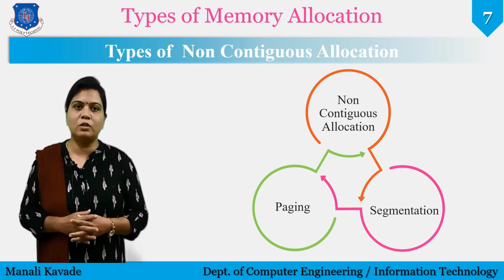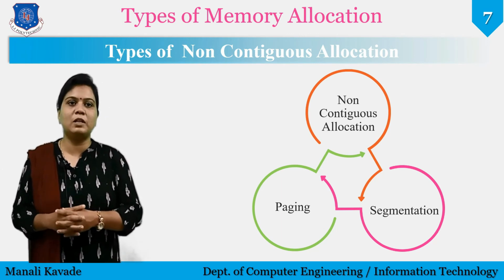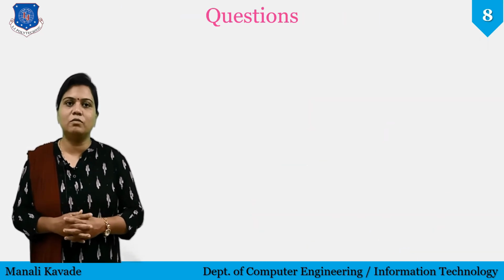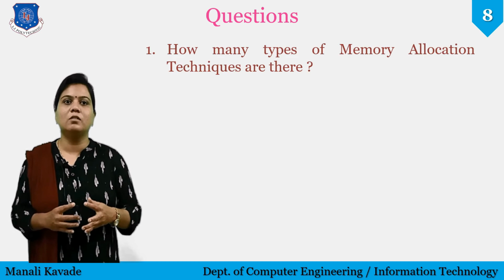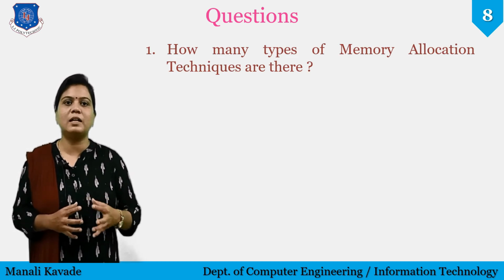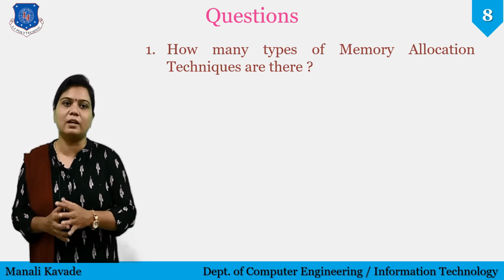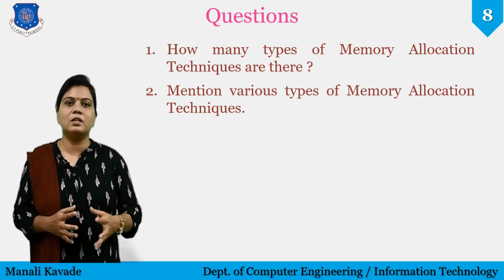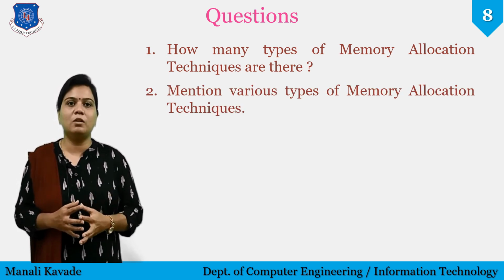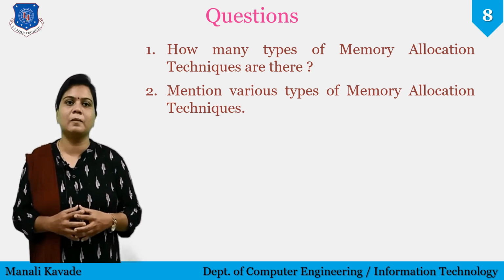This was all about various types of memory allocation technique. Now we will see a few questions related to this concept. First question is, how many types of memory allocations are there? Second one is, mention various memory allocation techniques.